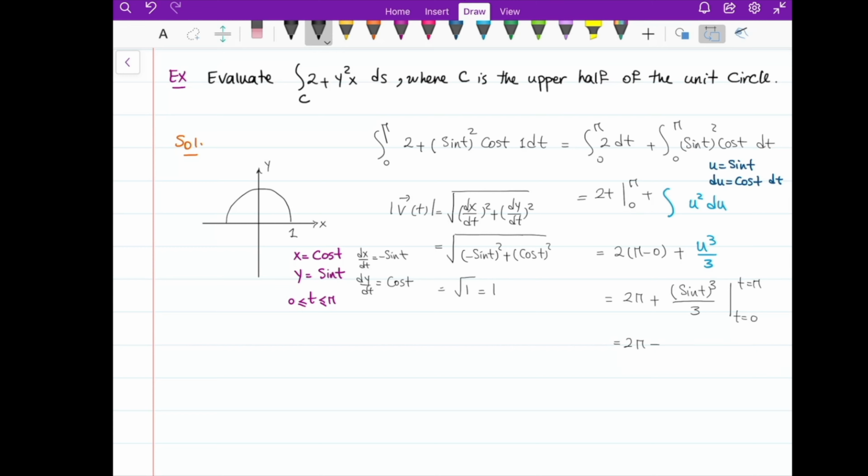Okay, so I get 1/3 times sine of pi, which is 0, minus sine of 0, which is 0. So this whole part would be 0, and the answer would be 2 pi. Okay, this is the area that is bounded below by this curve and above over basically the projection of the curve into this function.